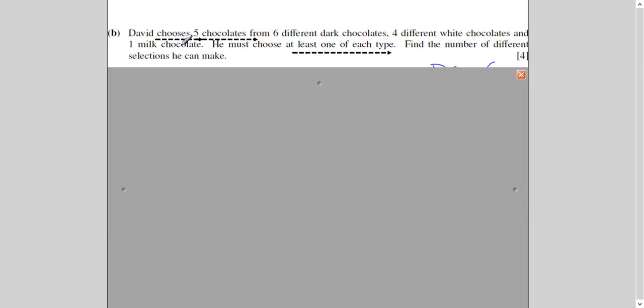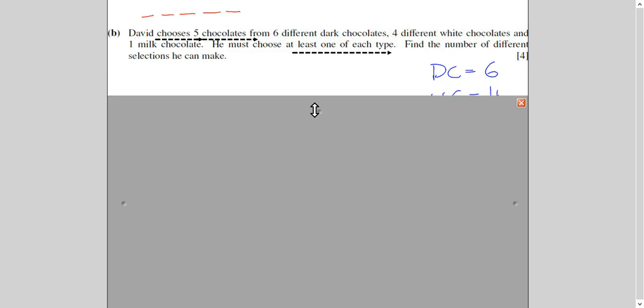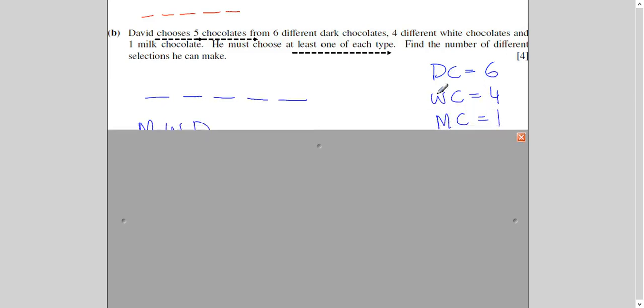Next part, David chooses 5 chocolates. Now he is selecting, choosing 1, 2, 3, 4, 5 chocolates. Now what options does he have? 6 different dark chocolates, 6 different white chocolates, and 1 milk chocolate. So he has dark chocolate, white chocolate, milk chocolate, and he needs 5 chocolates, right?